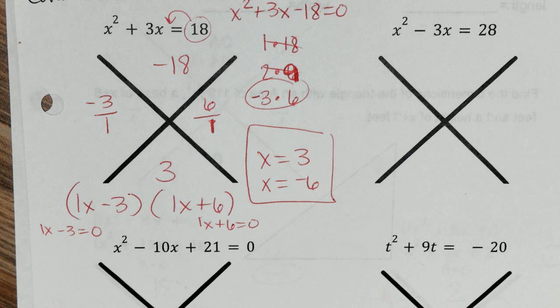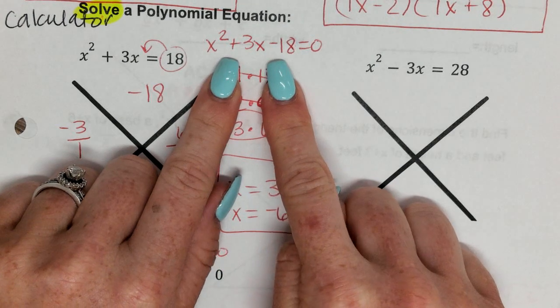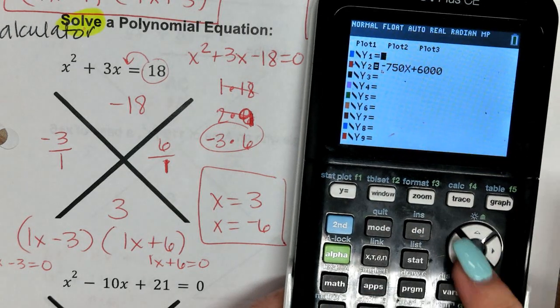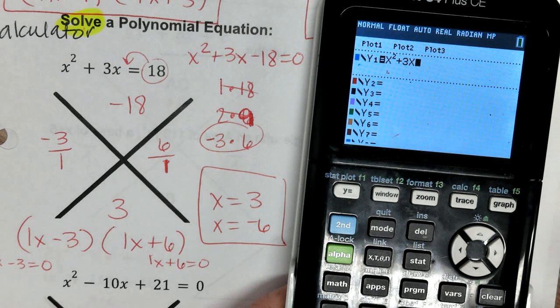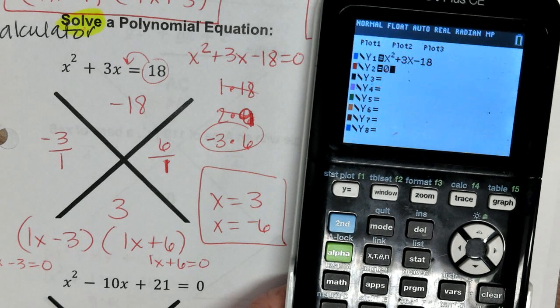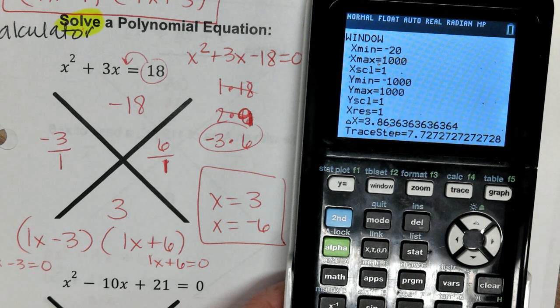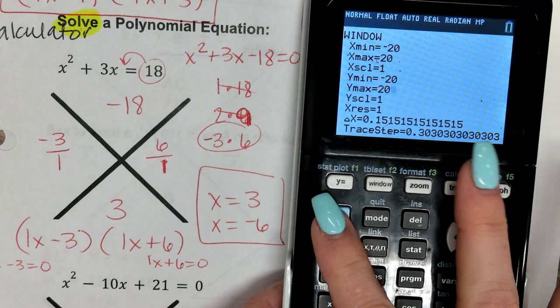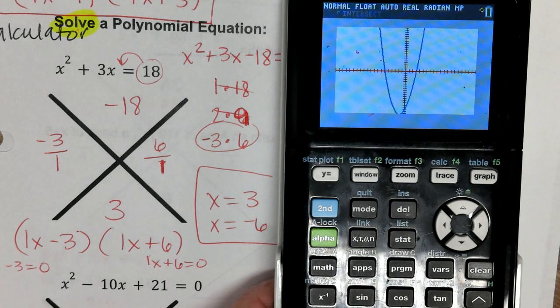Now, again, on your assignment today, I am perfectly fine with, once you get it set equal to 0, going to y equals, typing in x squared plus 3x minus 18, putting in 0 for your second part. My windows are set way too big. Going to second trace option 5, and there's my two answers.